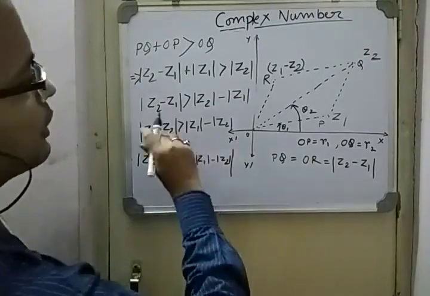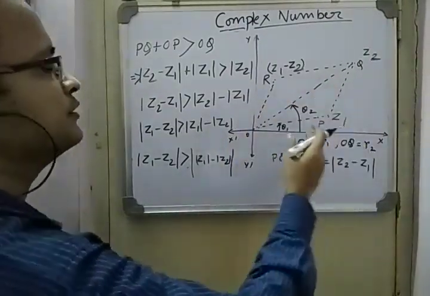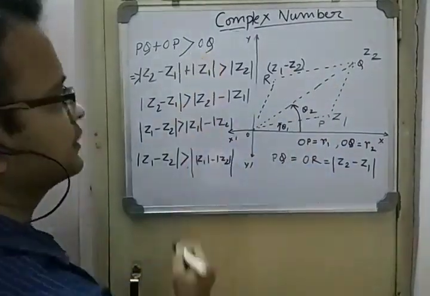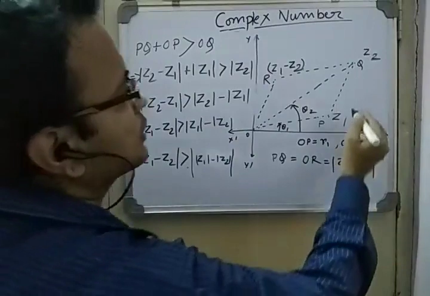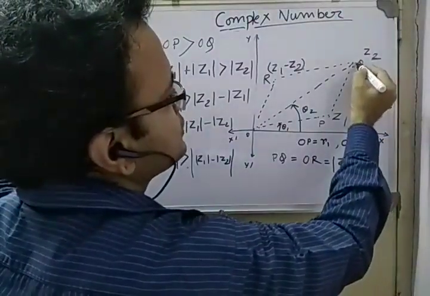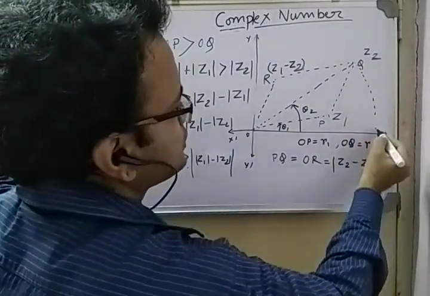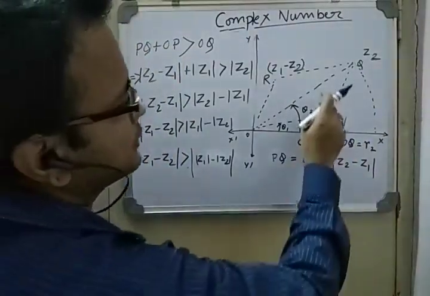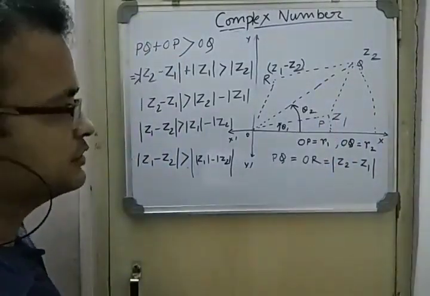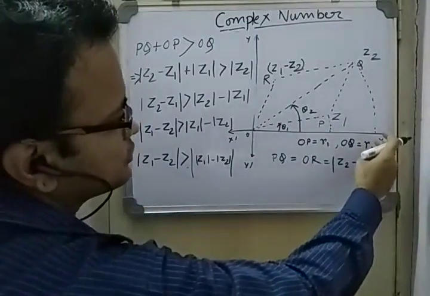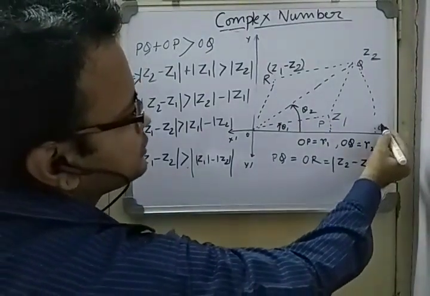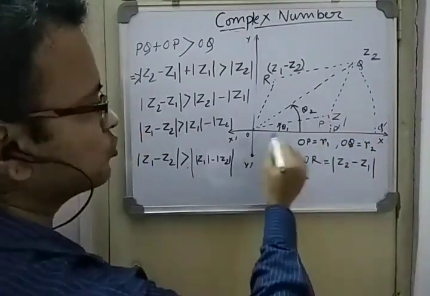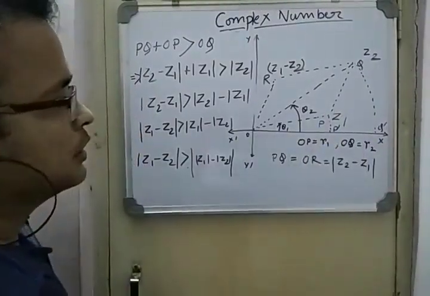Please note, when I am proving this one with a triangle, it is always greater than. But as we discussed in our yesterday's class or lecture, there will be a possibility that the triangle area is 0. So in that case, Q falls on the x-axis as Q dot. Suppose P falls as P dot. So O, P dot, Q dot is collinear.